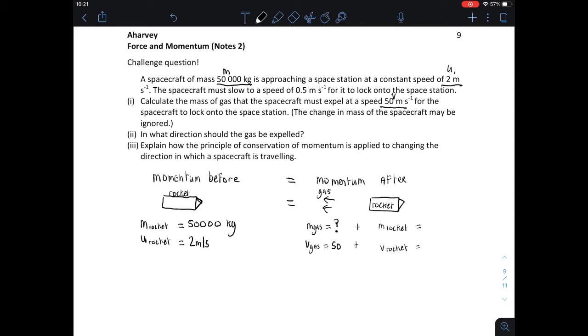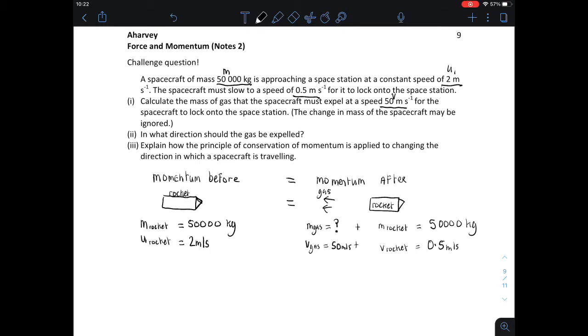So the gas is expelled at 50 meters per second. I know the mass of the rocket is unchanged. It tells us that in the question. So the mass of the rocket is still 50,000 kg. And the speed of the rocket after the collision when it slows down is 0.5 meters per second.